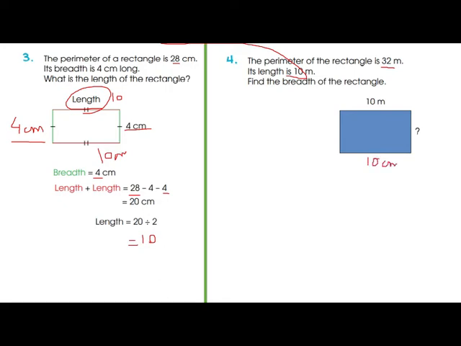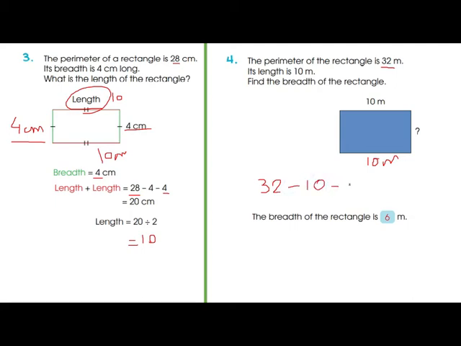Okay, and we have to find out the centimeter, it's meter, so let me correct it. It's meter. And we have to find out the breadth of this, which is 6. How did we get this? Simply you have to subtract from 32, you have to write 32 minus 10.